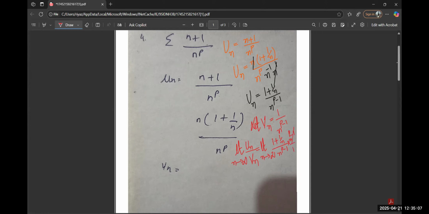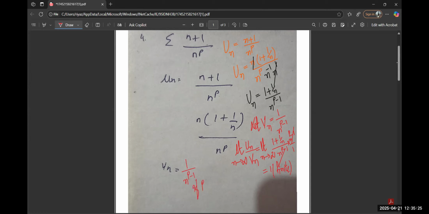These two terms are cancelled. As we apply the limit, we get a finite answer, 1. Then the value of summation VN is n power p minus 1, so the whole answer depends on p minus 1.